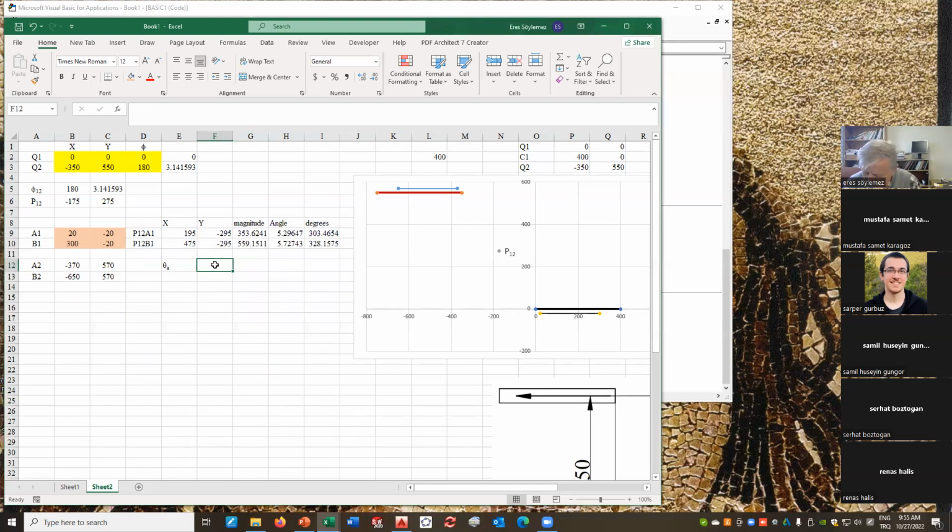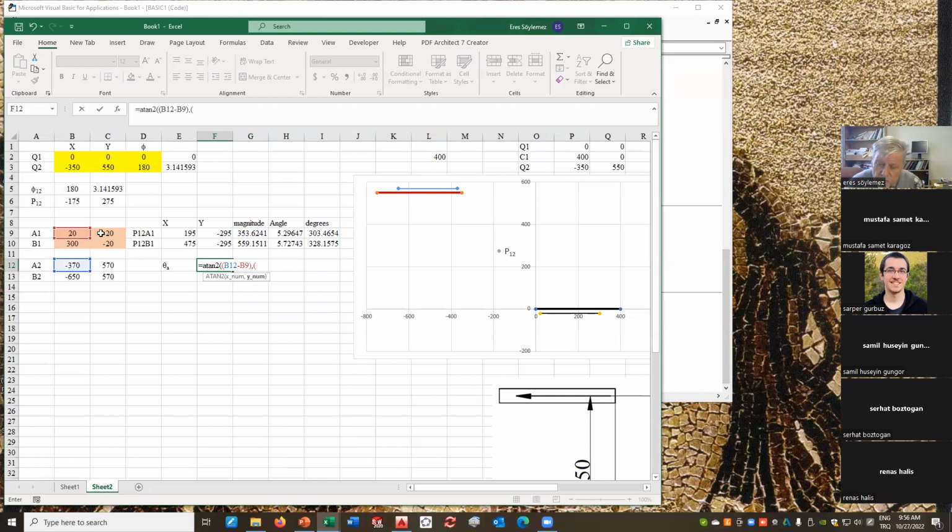It is equal to ATAN2, open parentheses, open another parentheses, A2 minus A1 x coordinates, comma.